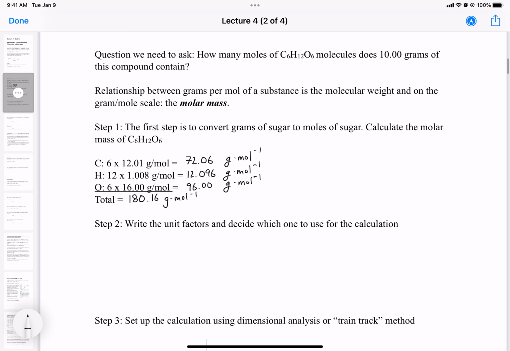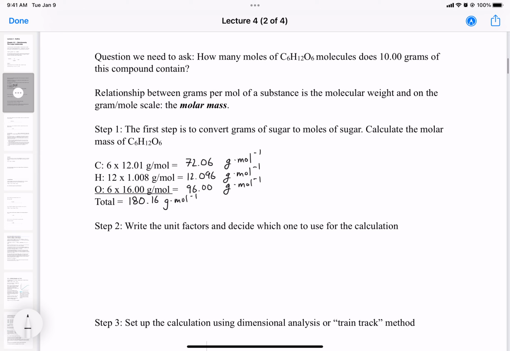So the unit factors is another name for those ratios in dimensional analysis that we use. So now we have a ratio between grams of glucose and moles of glucose. So now we can use that ratio to interconvert between moles and grams.